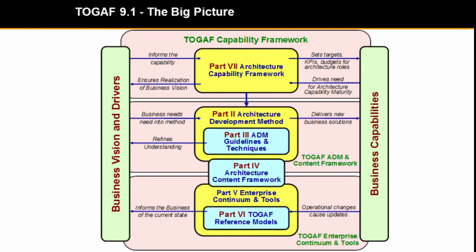So the framework, big picture as we call it, in other words, all the different components of the framework, right? We're talking here about 7 components.